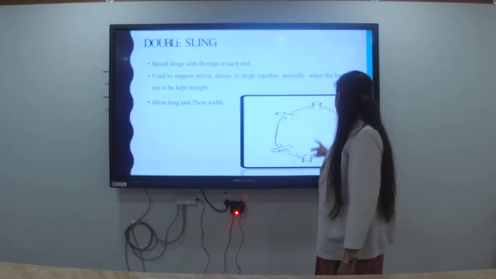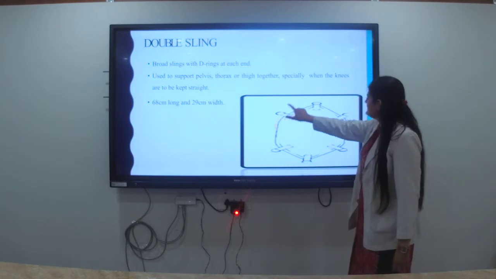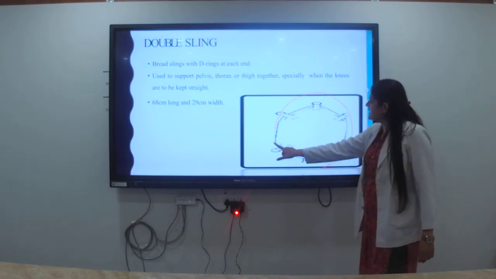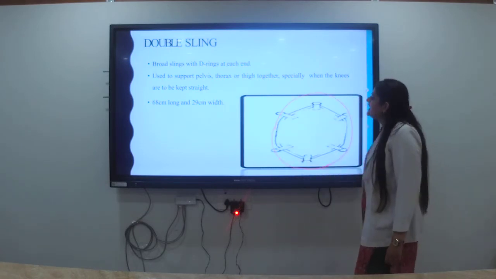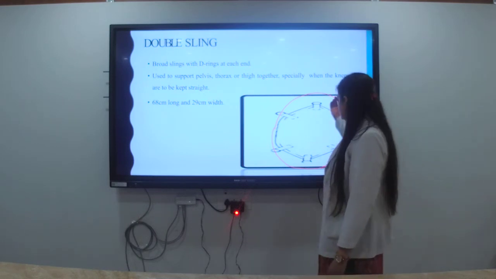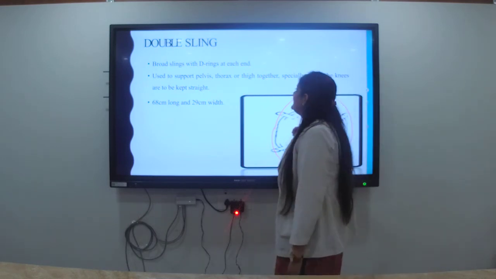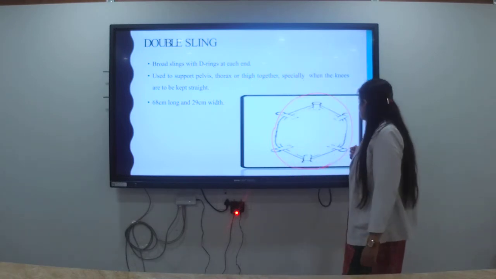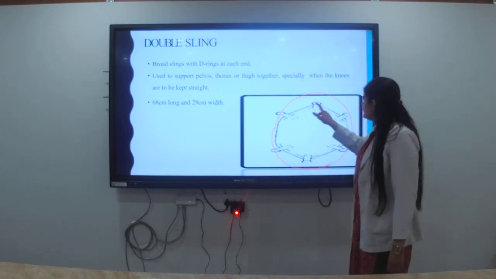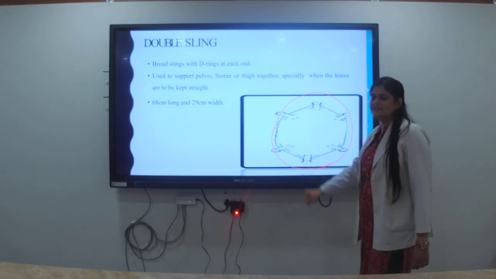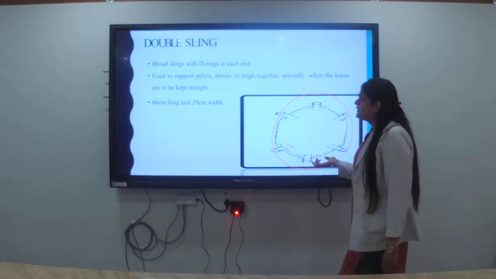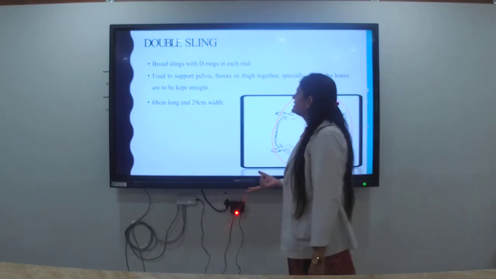We talk about the double sling. You can see the entire dimension of a double sling is almost double that of a single sling. The length as well as the breadth is more. It is a broad sling with D rings attached at each end. We can see that rings 1, 2, 3, 4, 5 and 6 are attached, as compared to a single sling in which only 2 rings were attached.